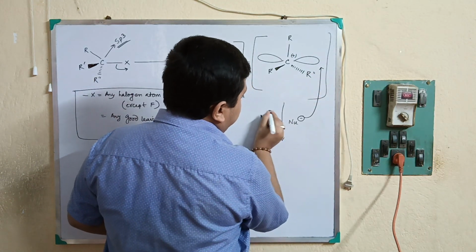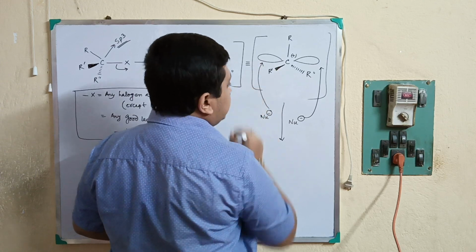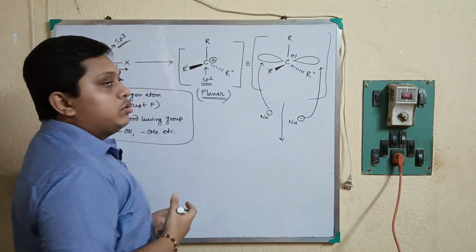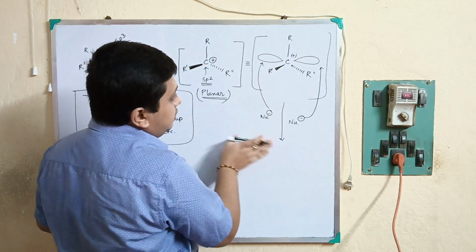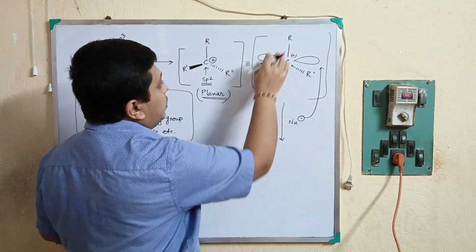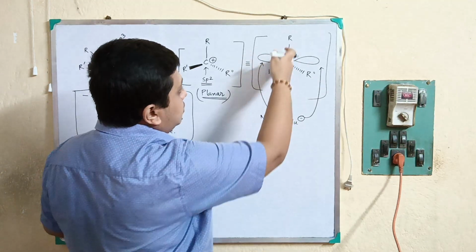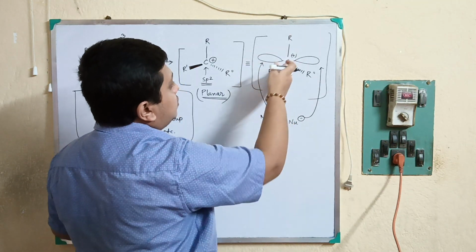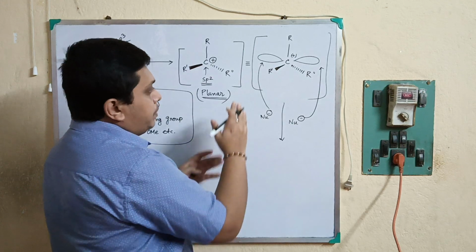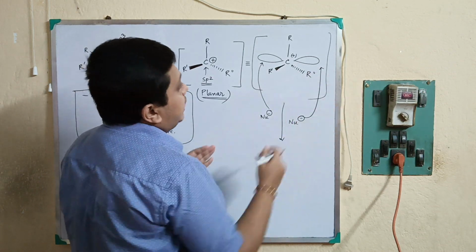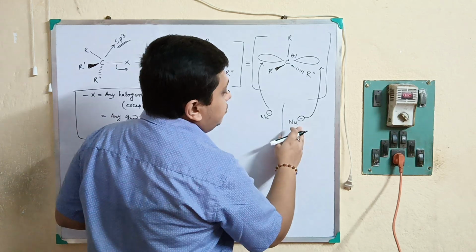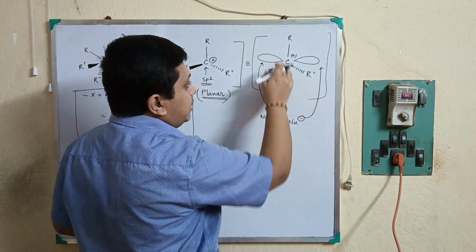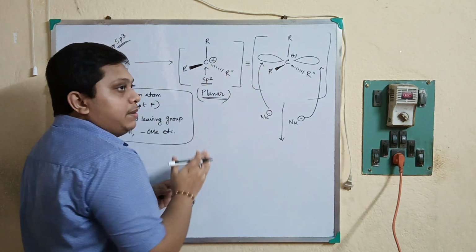Also, the nucleophile can attack from the left side, as both sides are available here. Now, if the nucleophile attacks from the left side, then this part R, C, R prime and R double prime goes towards the right side and the nucleophile adds from the left side, as well as if nucleophile adds from the right side, then this part will go to the left side.